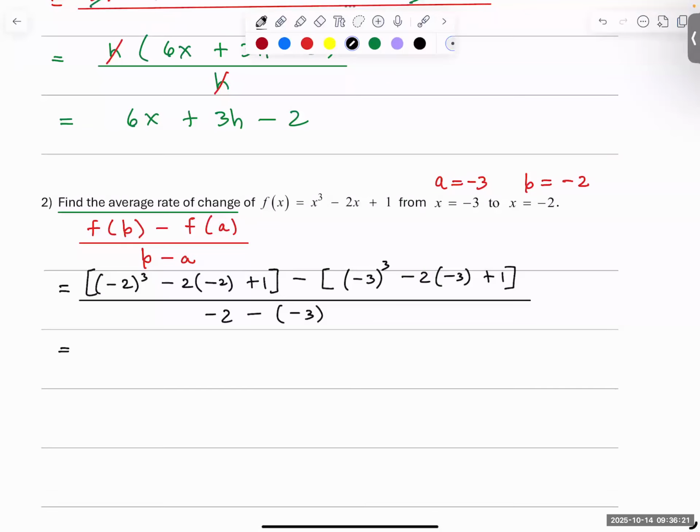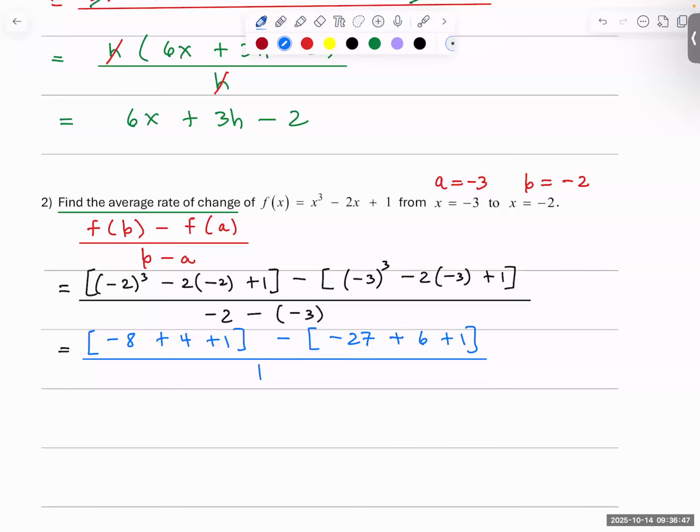And now we'll do the math. So bracket -8 plus 4 plus 1 minus -27 plus 6 plus 1, all divided by -2 plus 3 is 1. That's the increase in x.